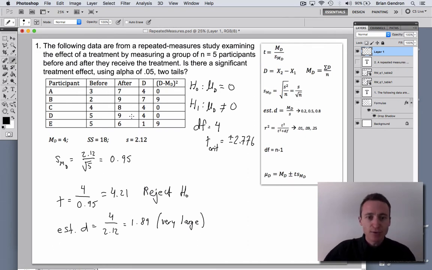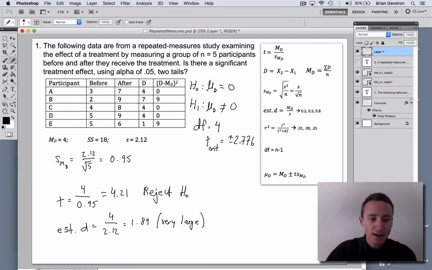Just like in the past, if you use an alpha of 0.05, what corresponds to that is a 95% confidence interval. 5% is your alpha, 95% will be your confidence interval. The reason you want them to match is so that the t value in this formula can be the same t value you've already identified from your table.